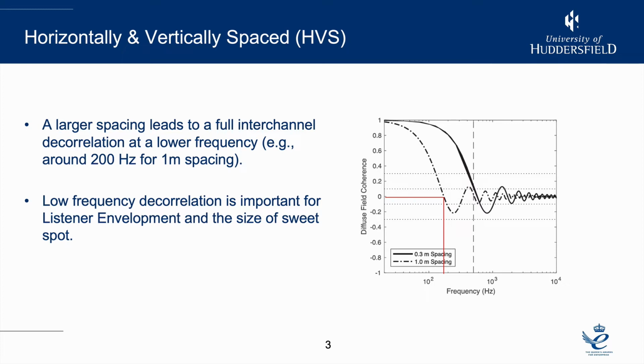For example, as you see in these graphs, based on the diffuse field coherence theory, we can calculate that with a 1 meter spacing between two omni microphones, you can get a near zero correlation between signals at about 200 Hz and frequencies above that. But if the spacing is decreased to about 0.3 meter, then the lowest frequency where a similar amount of decorrelation is achieved is raised to 500 Hz.